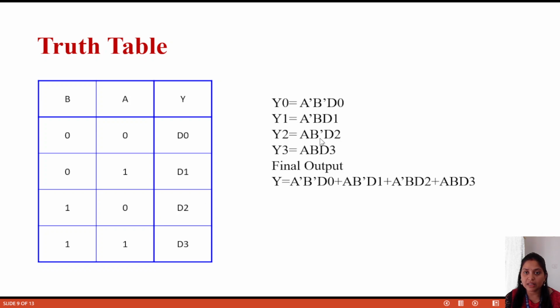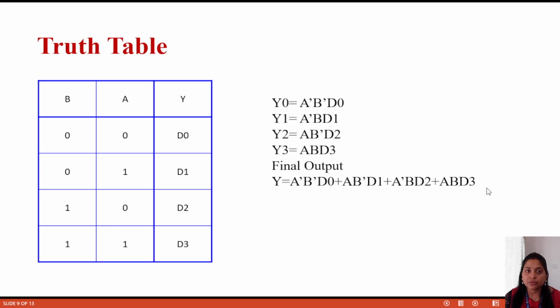It is wrongly written, it will be B A bar D2, and finally this one is B A D3. So the final output will be a single output, and all these outputs we have to add.